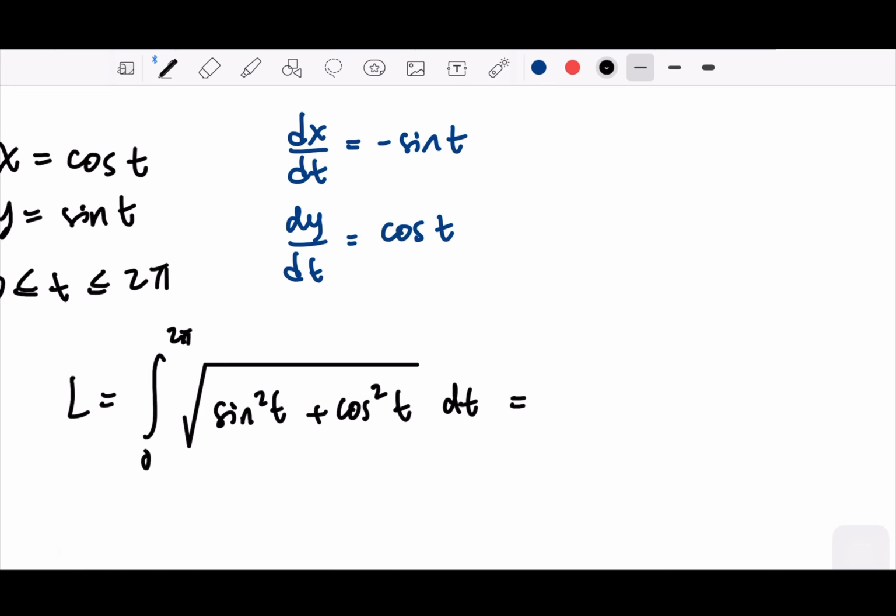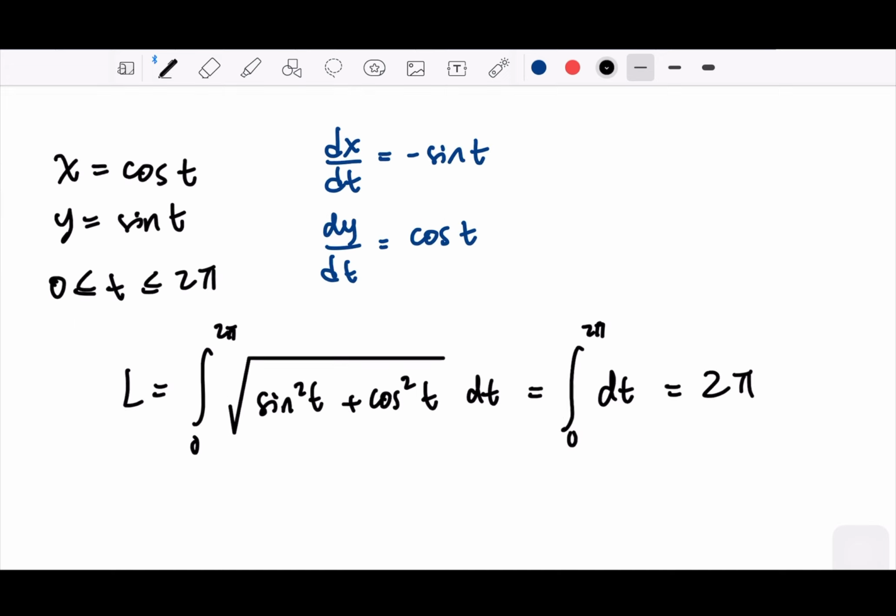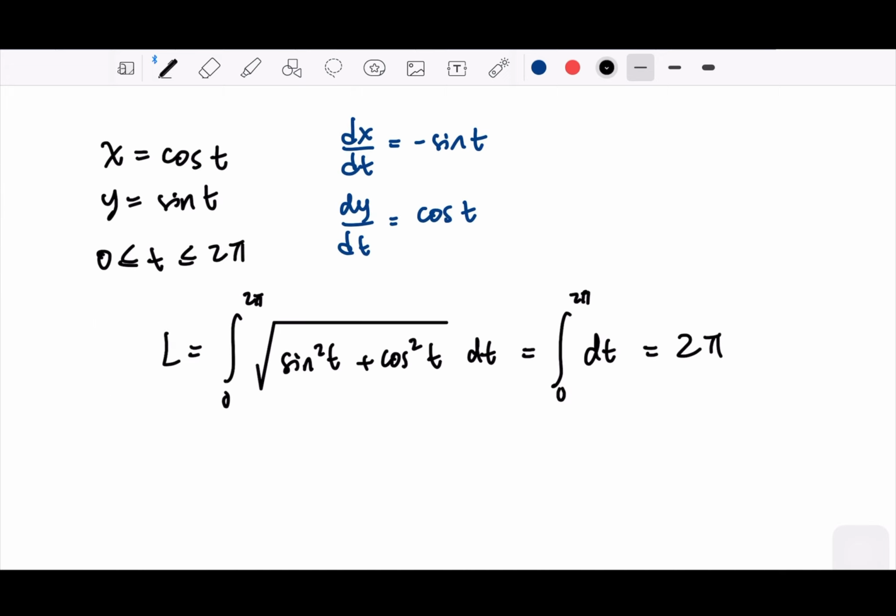And it turns out that this is giving you the 2 pi, which is the circle, right? The length of the circle, right? The arc length of the whole circle is 2 pi, right?